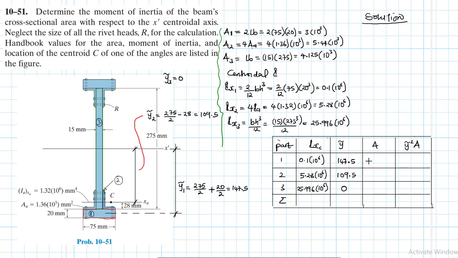And then area, what did we find? For the first part, there are two of them, it is 3 times 10 to the power 3. Next one is 5.44 times 10 to the power 3, of course. The third one is 4.125 times 10 to the power 3.